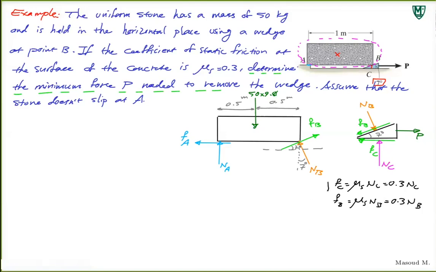Just these two. And we don't know FA, the friction between the stone and surface A, because that's not an impending motion. We said assume that the stone does not slip at A, meaning that on that side, we don't reach the impending motion. So static friction is unknown.